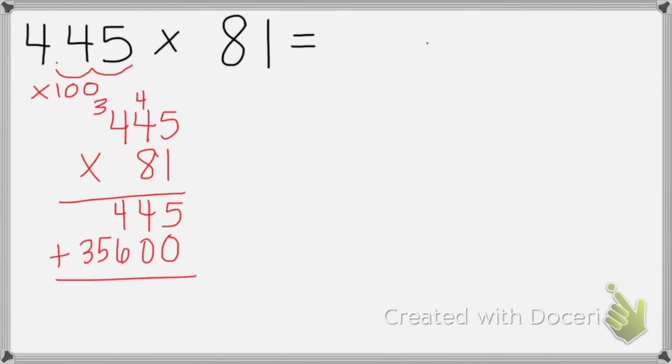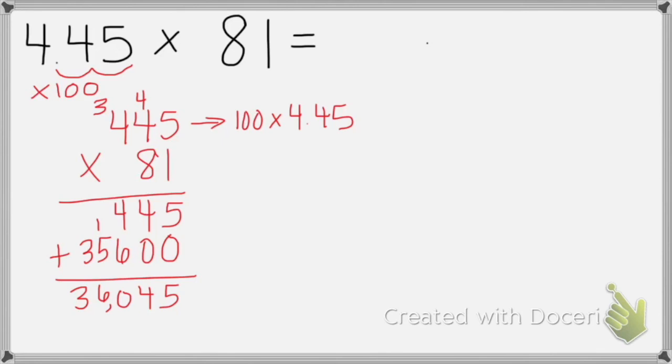So I just multiplied, and now I'm going to add my partial products together. And I got 36,045. Now, 445 is 100 times larger than 4 and 45 hundredths.